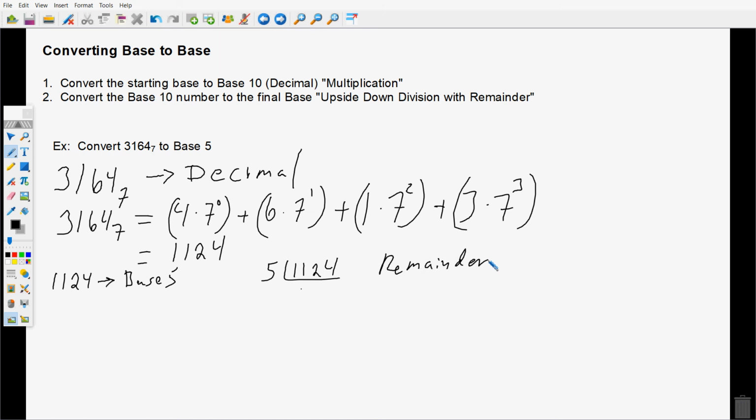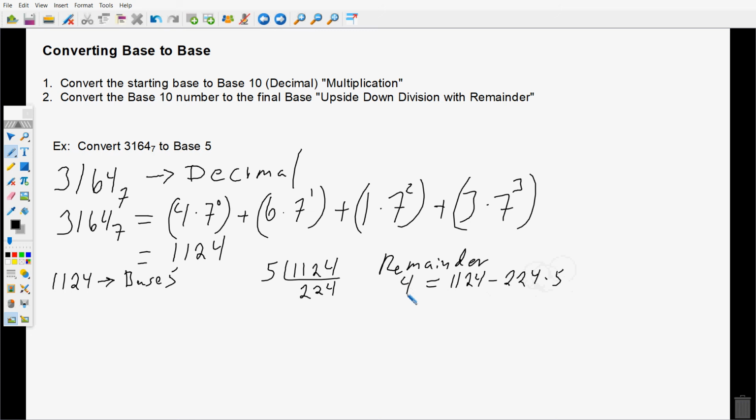And you should end up with 224. Now to find the remainder, I will do my number above, 1124, minus 224 times 5. And that's going to give me 4.